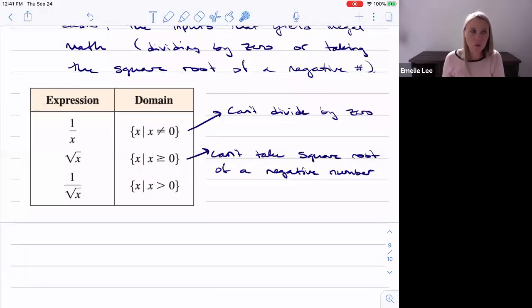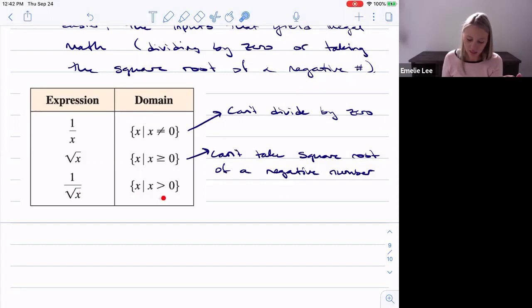And here, what we're going to find is a lot of the time there are going to be a couple of different constraints on our domains. The overall domain is the overlap of the 2 or 3 or 4 constraints. And so in this last one, if you have 1 over root x, the first constraint is, well, root x can't be 0, because I can't divide by 0. So that's this expression here. But then I know I can't take the root of a negative number.